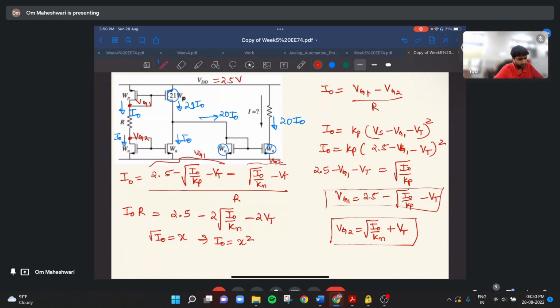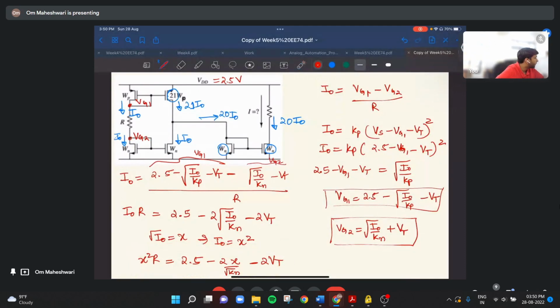So our equation will be x square, 2.5 minus 2x by root Kn minus 2Vt. Now this quadratic equation we can solve.